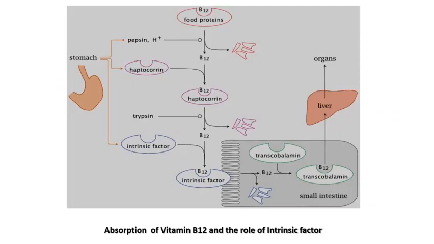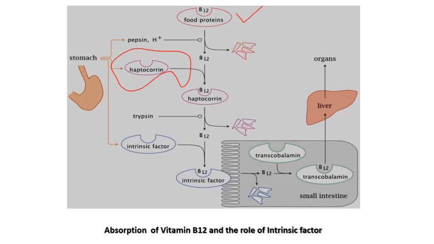This figure explains the absorption: the dietary vitamin B12 binds with a specific receptor, named here as haptocorrin, and forms a vitamin B12 and receptor complex, which then binds with the intrinsic factor. The intrinsic factor takes this vitamin B12 into the intestinal mucosa, where the receptor moves back and the B12 gets internalized into the small intestine.